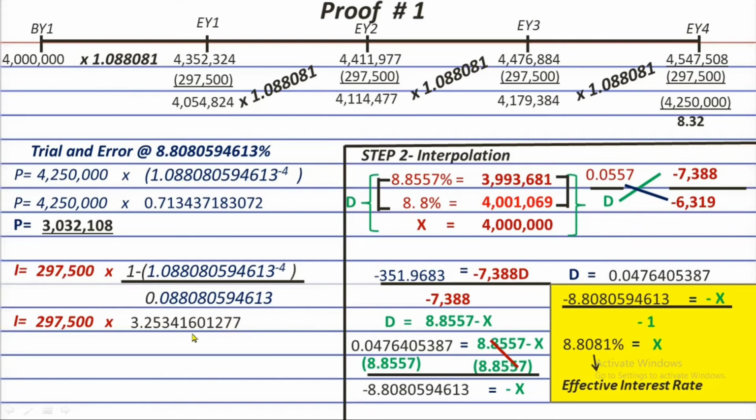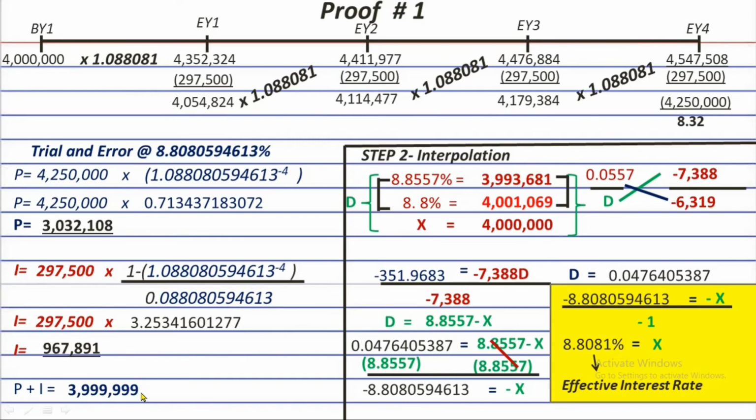And simplifying further, and we will have 967,891, which is the PV of the interest. So, PV of principal plus PV of interest, and we will have 3,999,999. So, it is short by 1, but it doesn't matter because it's very immaterial.